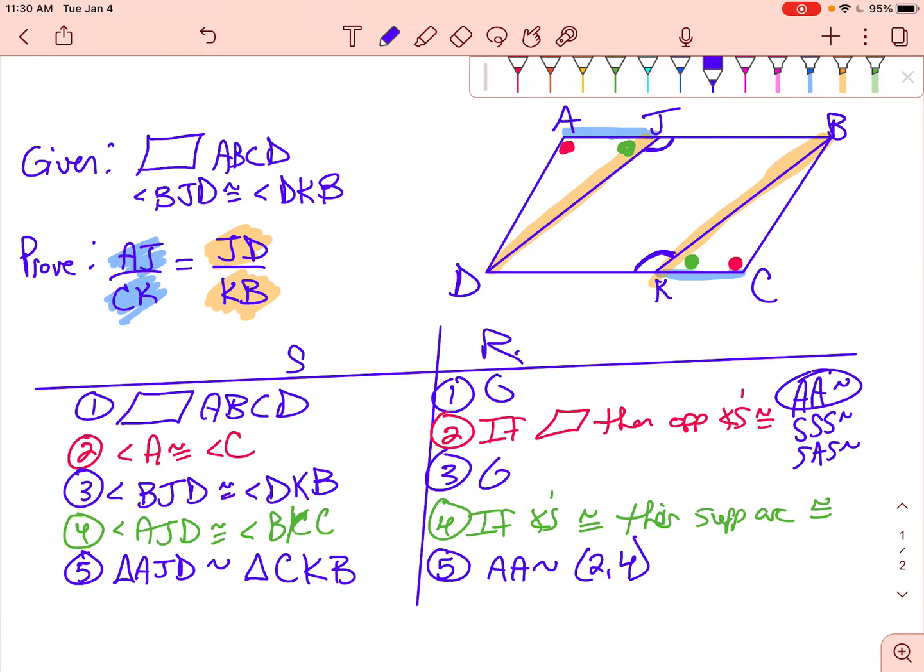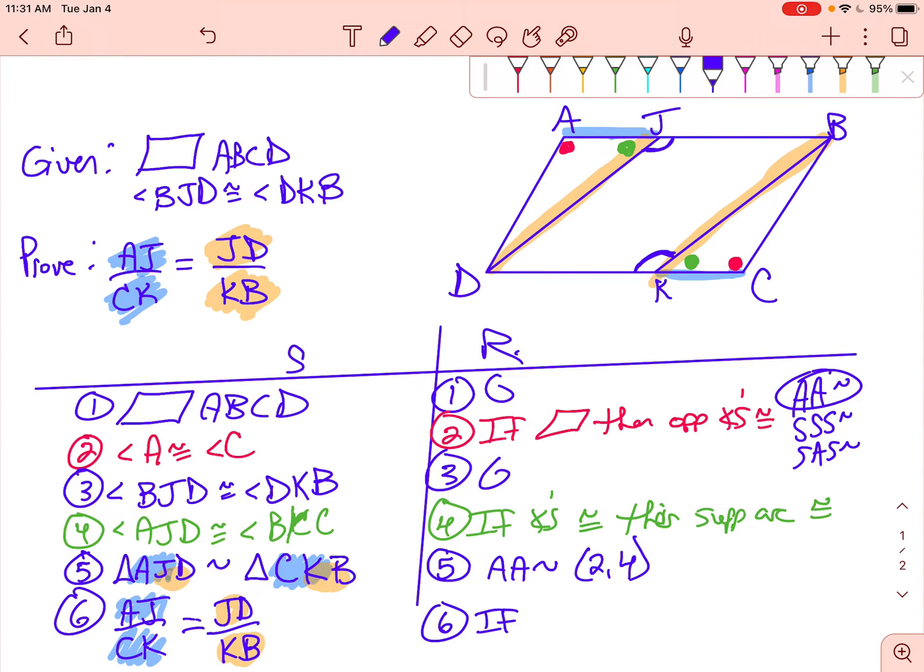Once these triangles are similar, I can now say that their sides, and you can see AJ is the first two, CK is the next two, when you create that ratio, and then you see JD and KB, when you create that ratio, it has to be equal to each other.